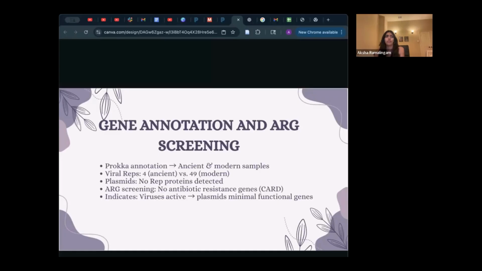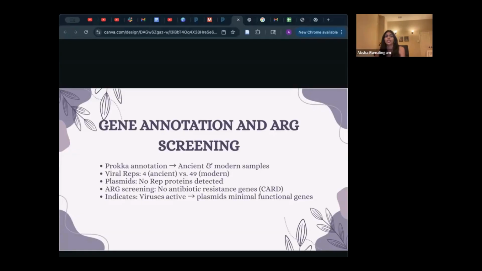So in total, we found 4 replication genes in the ancient peat bog and 49 reps in the modern creek viral sample. In contrast, the plasmids had no rep proteins, like I said, and they also had no antibiotic resistance genes. And then we confirmed our screening with the CARD database, which is an antibiotic resistance database.